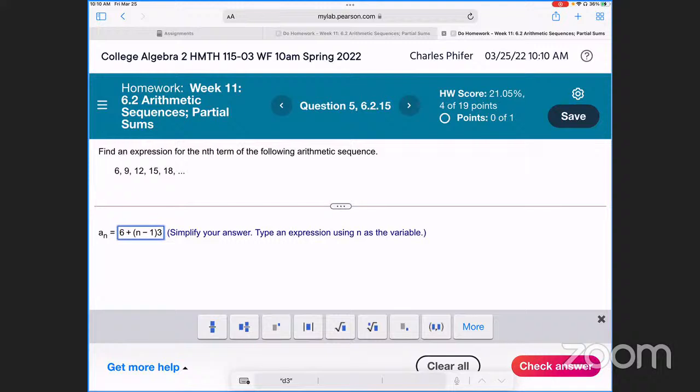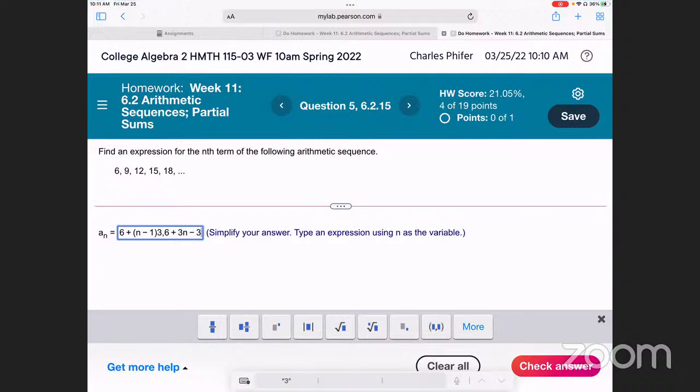If we distribute that 3, we're going to have 6 plus 3n minus 3. So the 6 minus 3, it looks like the final result is 3n plus 3. Okay, it looks like it's 3n plus 3.